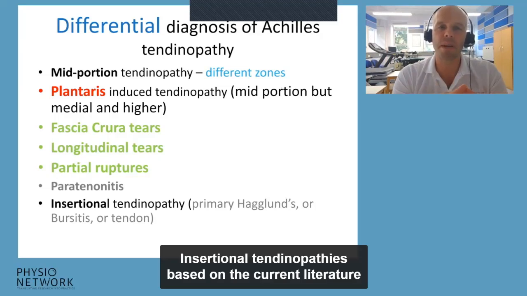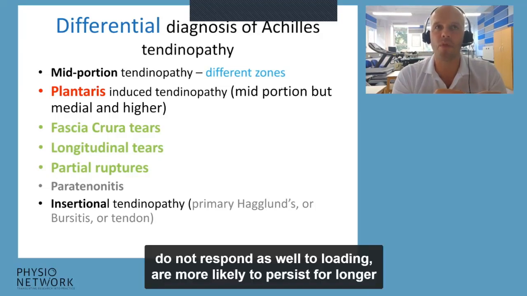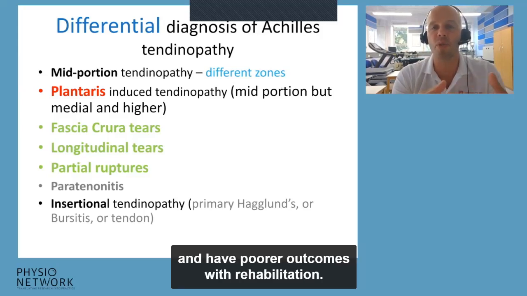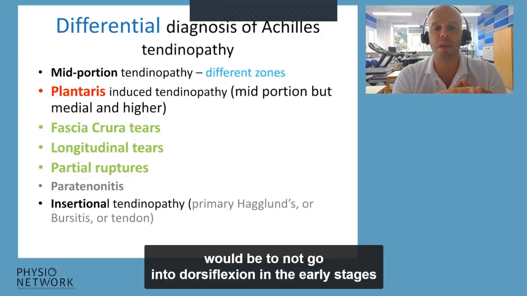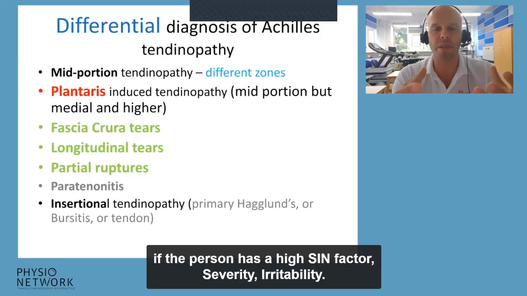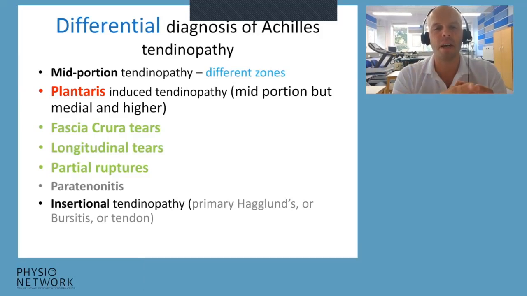Insertional tendinopathies, based on the current literature, do not respond as well to loading, are more likely to persist for longer and have poorer outcomes with rehabilitation. One of the key rehabilitation differences would be to not go into dorsiflexion in the early stages if the person has a high SIN factor, severity, irritability.